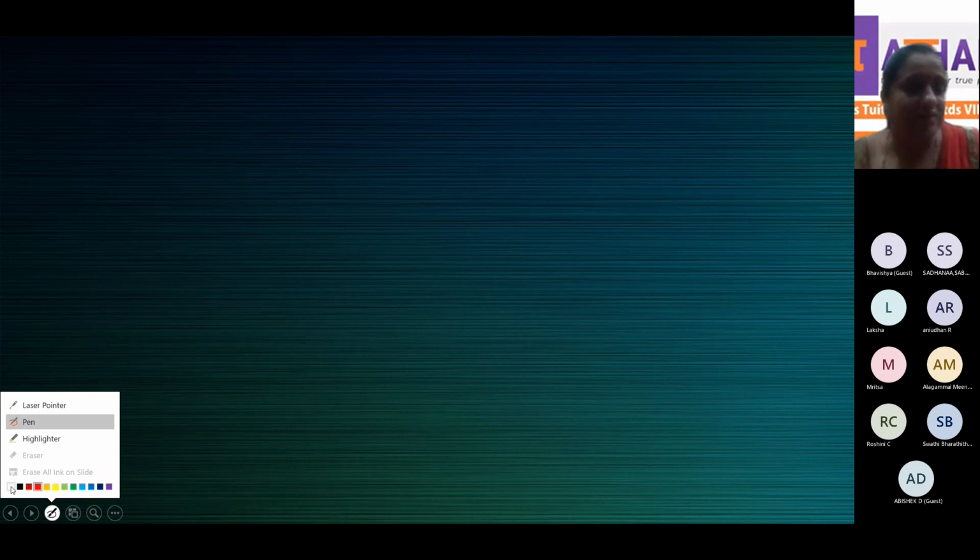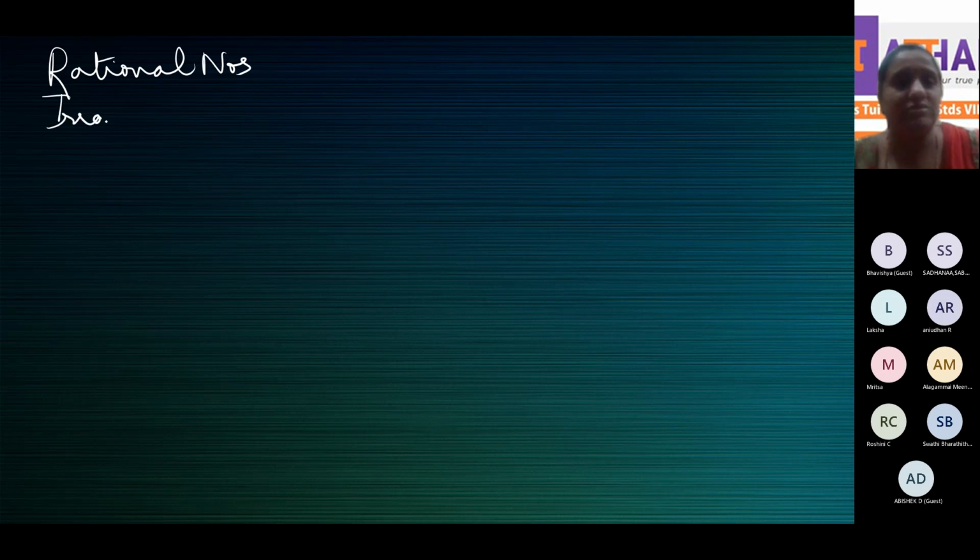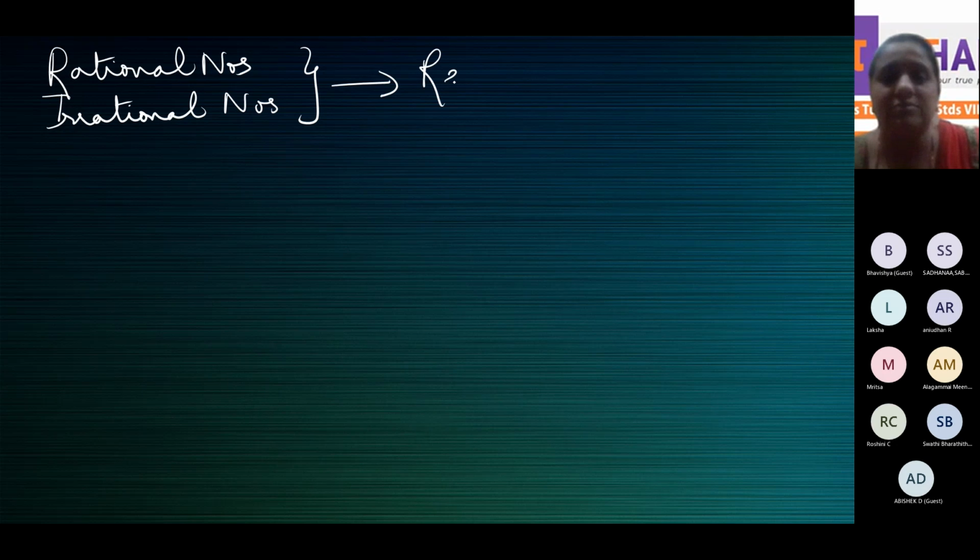All right, children, a quick recap, meaning I'm not getting into the explanation, but just the headings of what we saw in the last class. So we understood the meaning of rational numbers. What are rational numbers? What are irrational numbers? Rational and irrational numbers together are called real numbers.